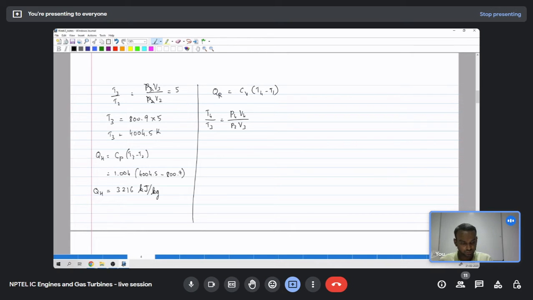Now we also have P3 V3 power gamma is equal to P4 V4 power gamma.